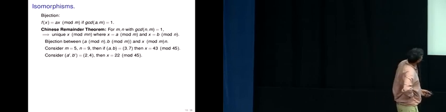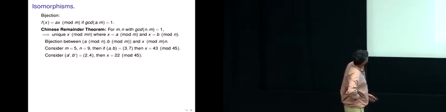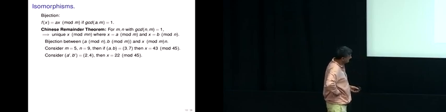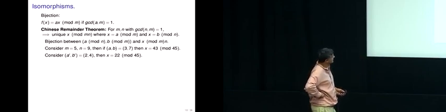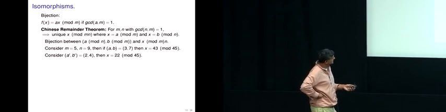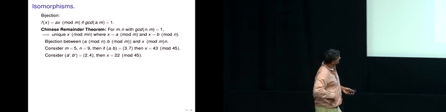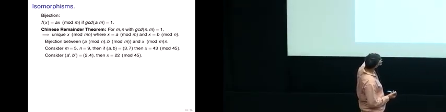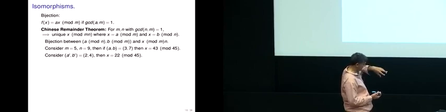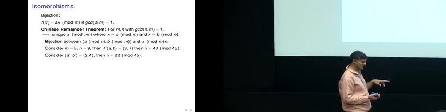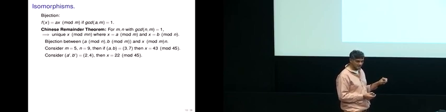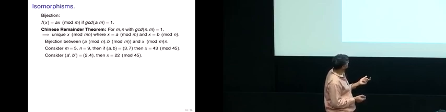What are we interpreting it at? 3 times 15 plus 63 mod 45. Let's just see what's going on here. Okay, so 3 times 5 is 15. 7 times 9 is 63. 63 mod 45 is what? 18? So 18 plus 15 is not this.